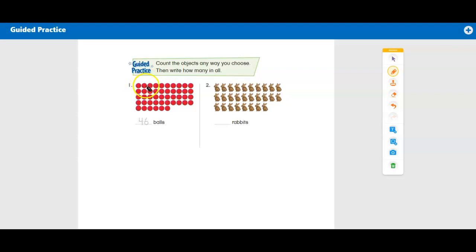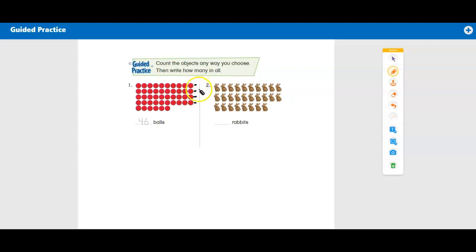First, I am going to count the row going across to see how many there are. 1, 2, 3, 4, 5, 6, 7, 8, 9, 10. I see that all of these rows are exactly the same. That means there are 10, 10, 10, and 10 going all the way down.